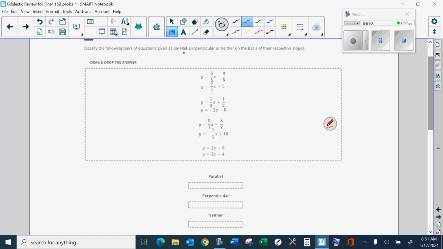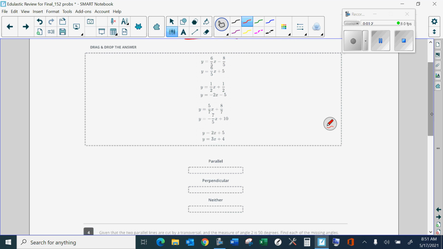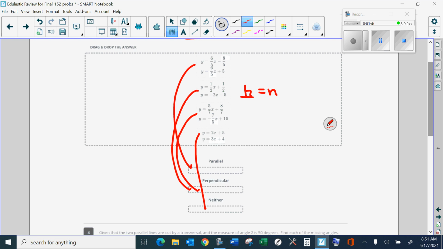Classify them as parallel, perpendicular, or neither. Obviously, it's based off their slopes. Same slope, parallel. Negative reciprocal would be perpendicular, and that's a neither right there.